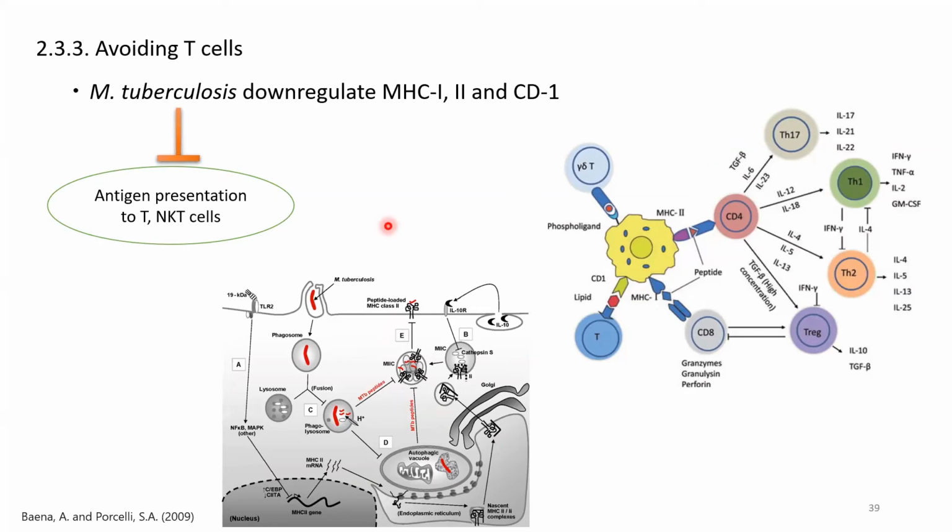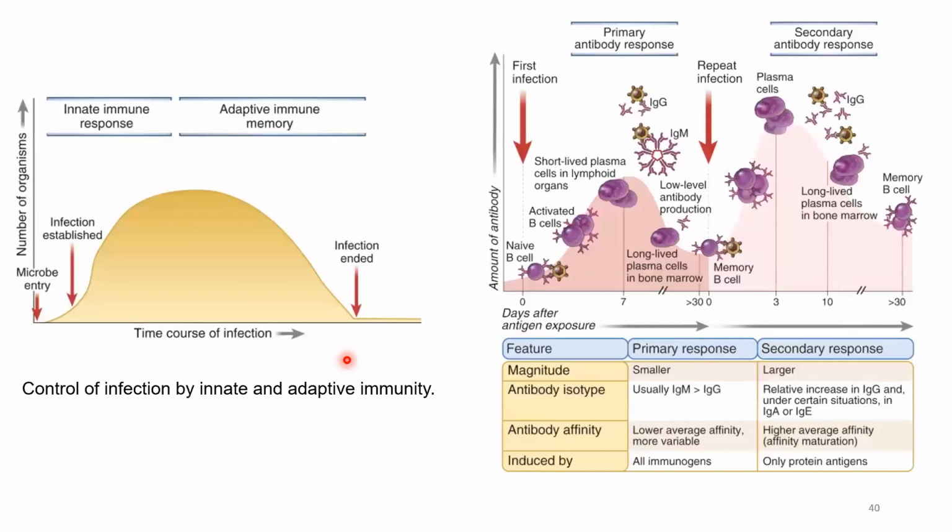So they block the expression of MHC class 1 and MHC class 2 as well as CD1. So other cells of adaptive immunity cannot get the signal that we have an infection. So MTB can live in the infected cells and spread to vital organs and cause severe tuberculosis.